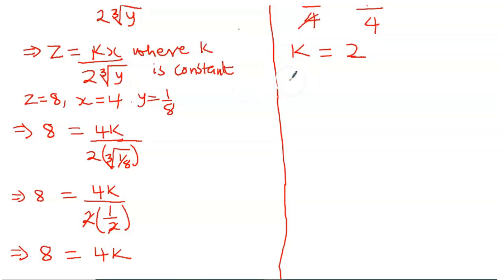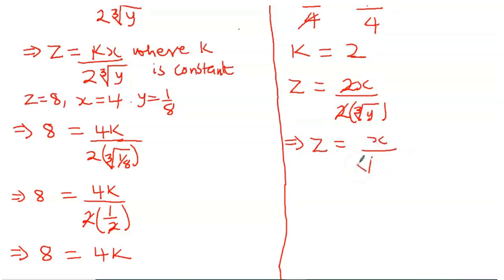So z is equal to 2x over 2 times the cube root of y. So these two will cancel. So we are going to have z is equal to x on the cube root of y.